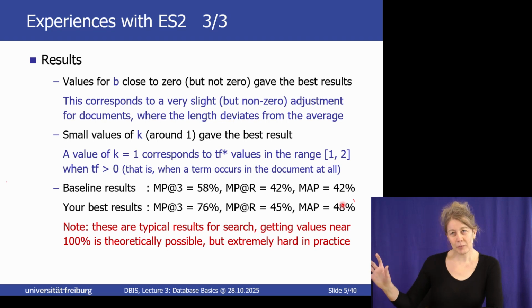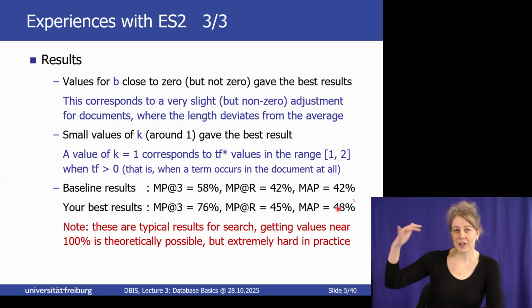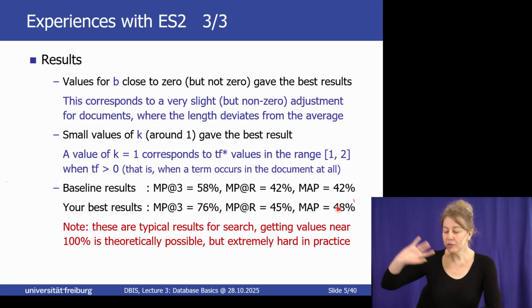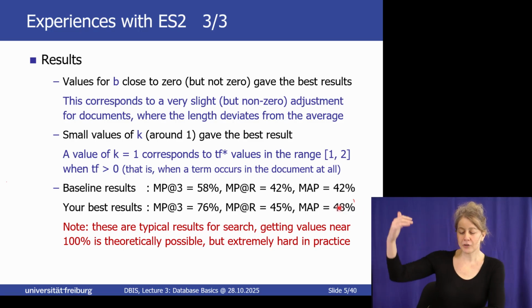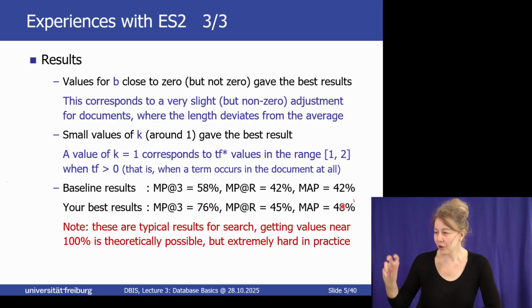If you look at real benchmarks, real competitions, it's similar numbers. It's very, very hard in search to get even close to 100%. Even 80%, if you're honest, you don't get it. It's extremely hard to get the relevant documents at the top. This is easier, just getting a few at the top, than getting all of them at the top. There's always one which is hard to get. So that's actually very typical and something you see here.